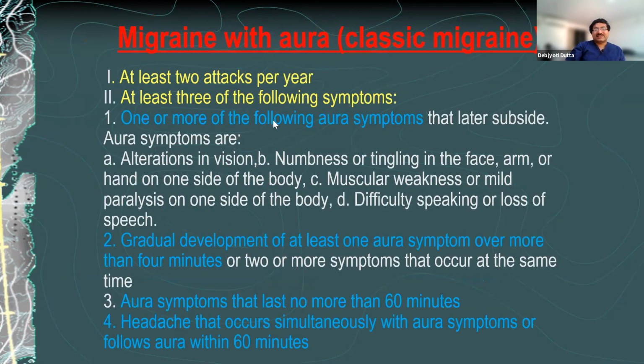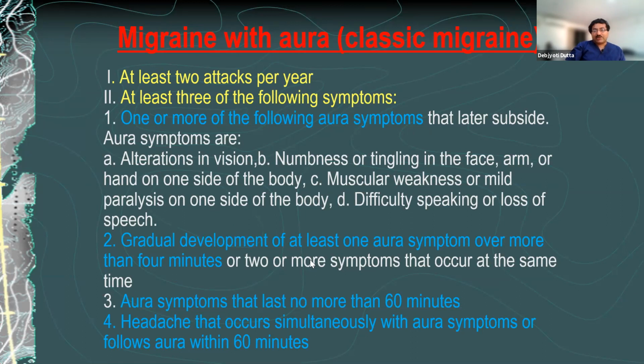And this is the criteria for the classic migraine. At least 2 attacks per year, with at least 3 of the following criteria. One or more aura symptoms: there are a lot of aura symptoms, which you can read when you see the video, or go directly to the ICHD site where it is written clearly.